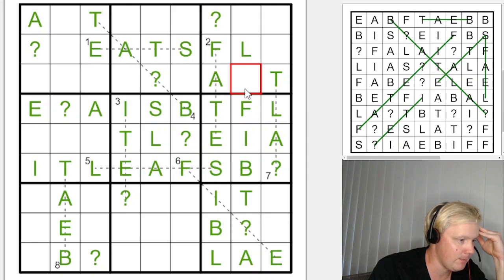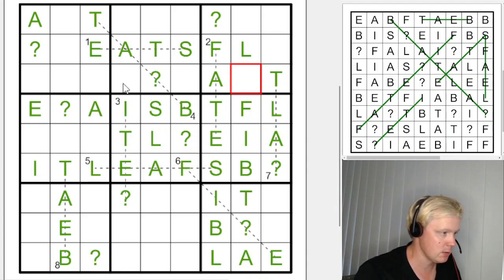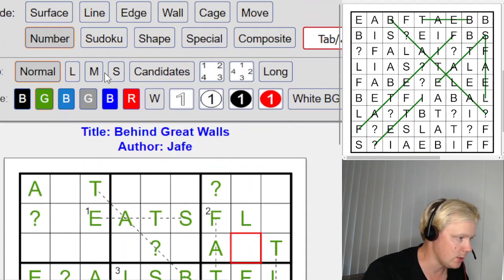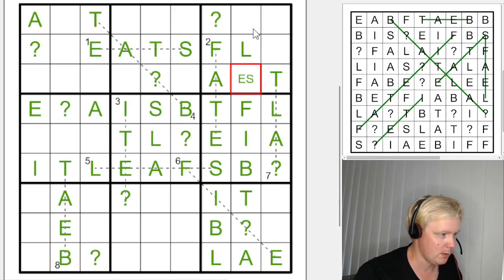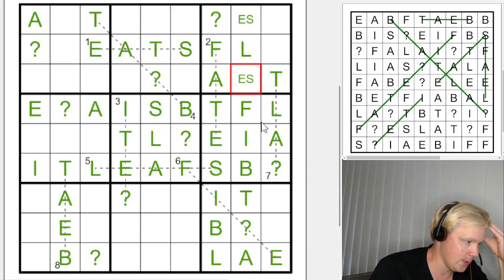Now, should we pencil mark those? I say yes. So let's look at the pencil marking. So these are the L and, what did I say? S and E. So mark those as the possibilities here.